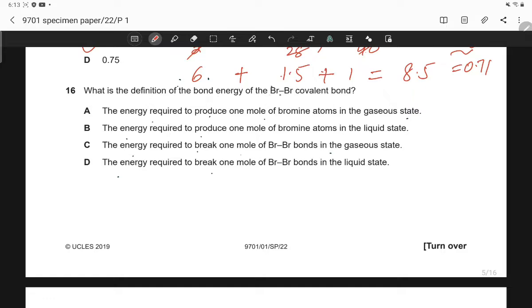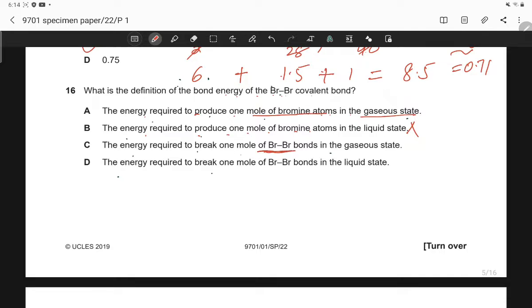So atomization, bond energy is equal to atomization. The energy required to produce 1 mole of bromine atoms in the liquid state is incorrect. The energy required to break 1 mole of Br bonds.